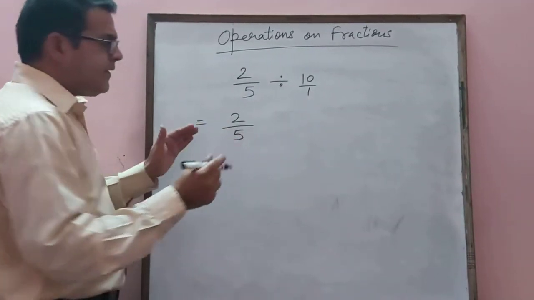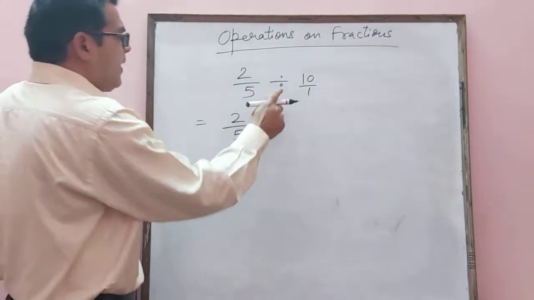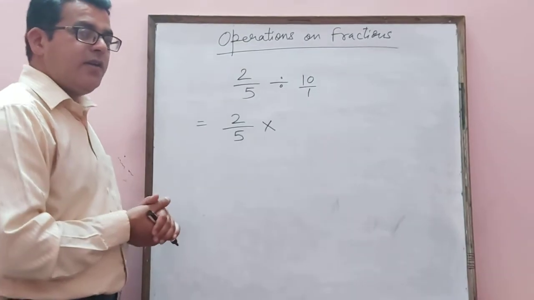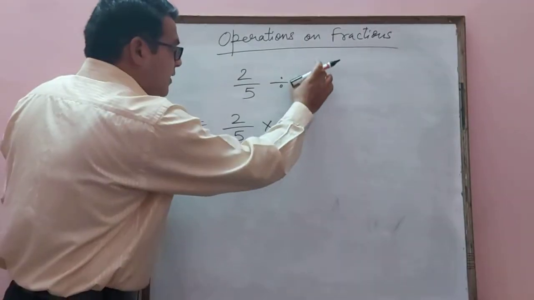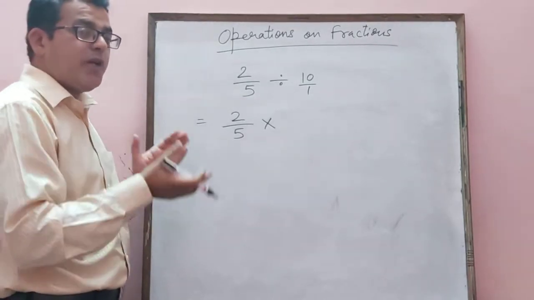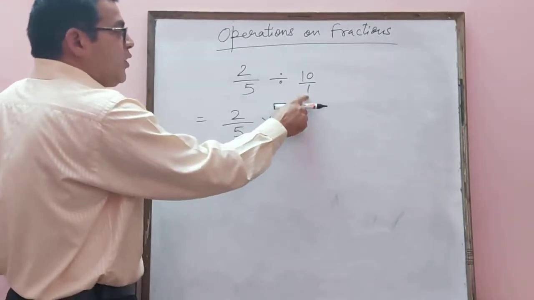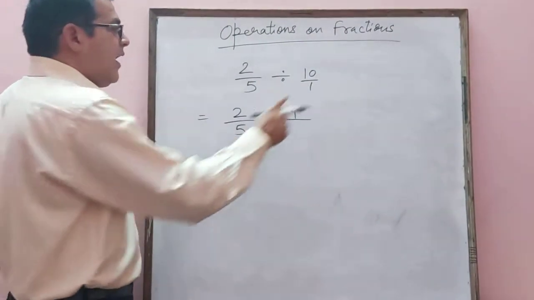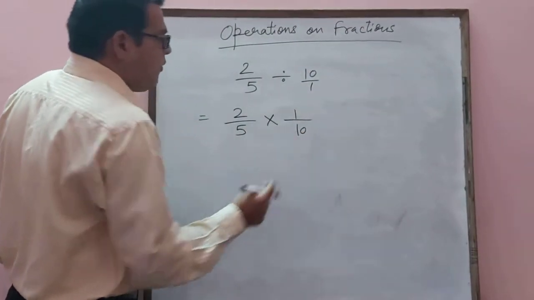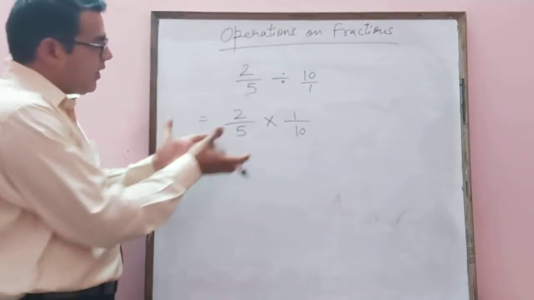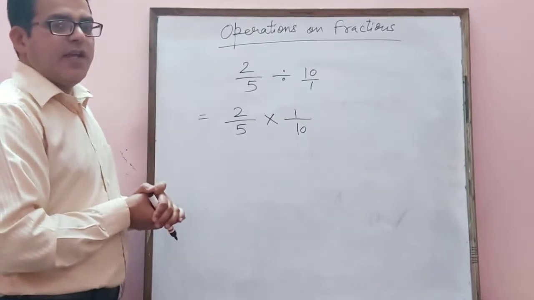We can write it as it is, and in the place of division, we can write multiplication. And this is the divisor. We have to take the reciprocal of this divisor. So what can we write here? This is the denominator, so we write it in the place of the numerator, and 10 we write in the place of the denominator, since 10 is the numerator. So we can write like this.